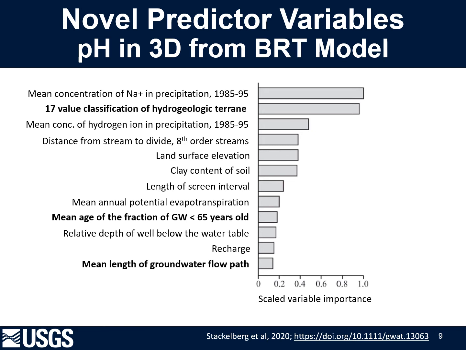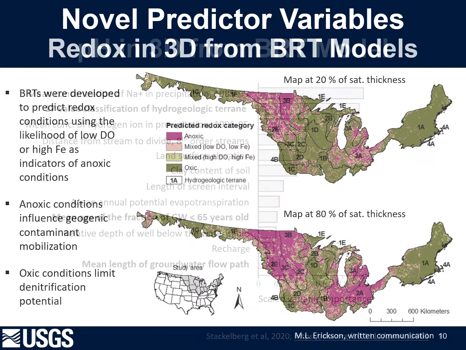Other variables include land surface elevation, clay content, local screen intervals, and I highlighted here in bold 2 different variables that came out of a previous boosted regression tree model estimating age predictor variables. And so mean age, fraction of the young water in the system, water that's less than 65 years old, and the mean length of groundwater flow path were important variables in this pH model, interestingly.